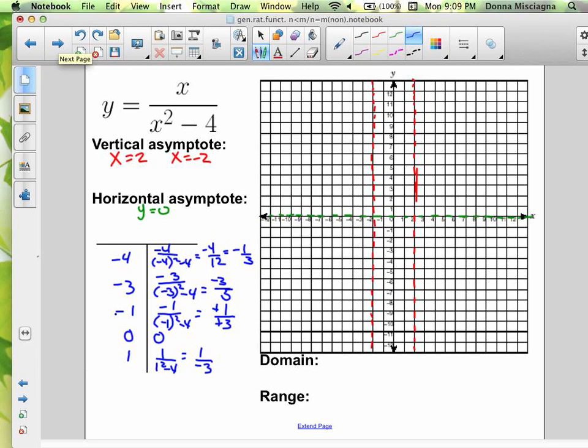I meant to put a 3, 4. There we go. Can't use 2. 2 is our vertical asymptote. We would have gotten 2 over 0. Not any good. All right, so let's use 3 like I meant to. So we have 3 divided by 3 squared minus 4. That's going to be 3.